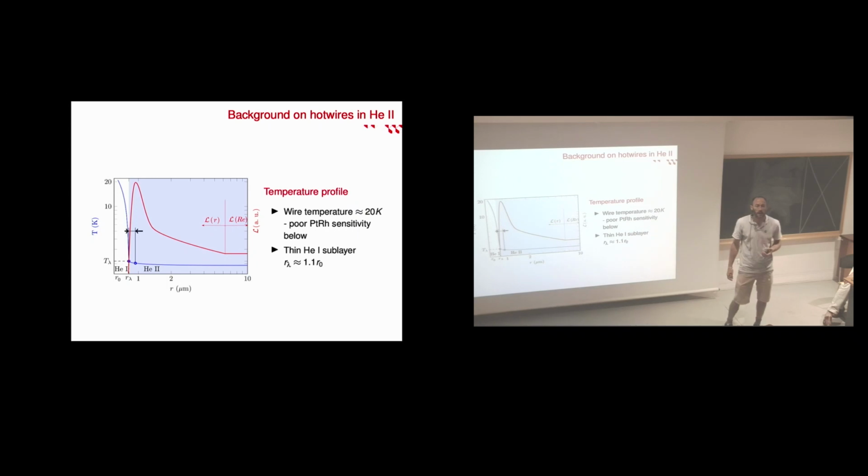Have you looked at the dependence of the thickness of this boundary layer as a function of the flow conditions, the temperature of the bath? You mean the width of this peak? Yeah.